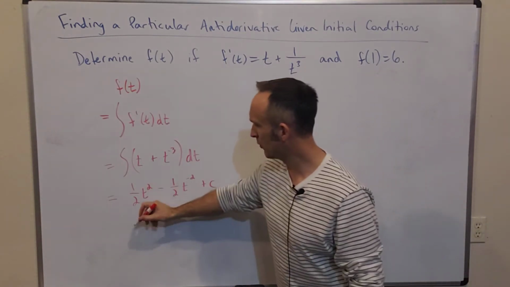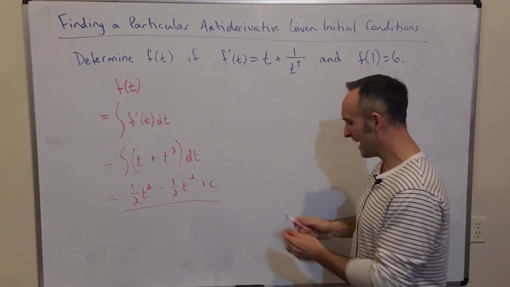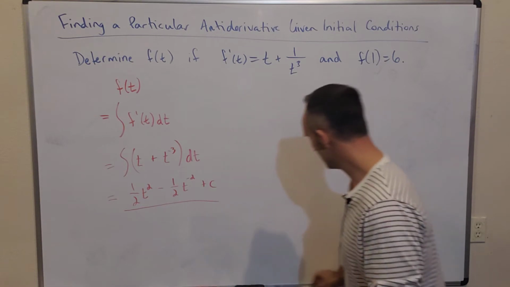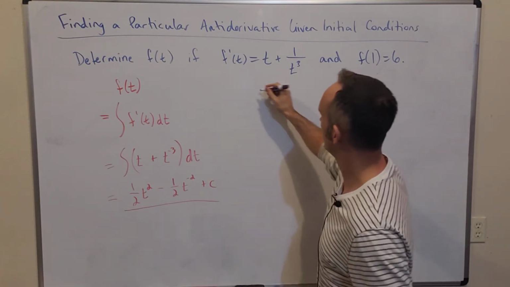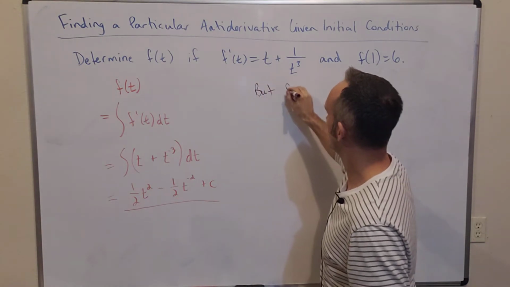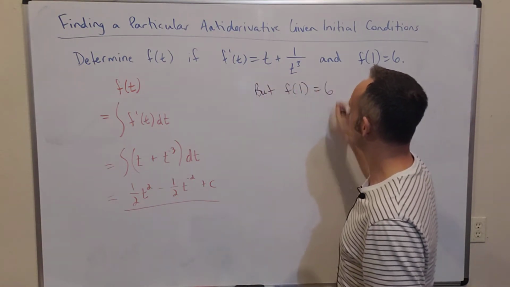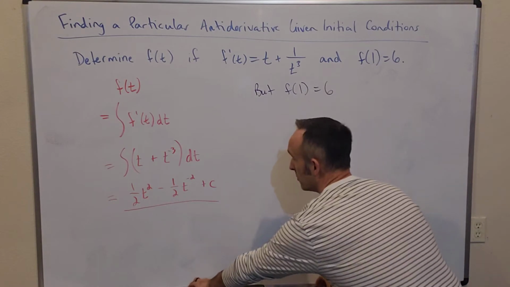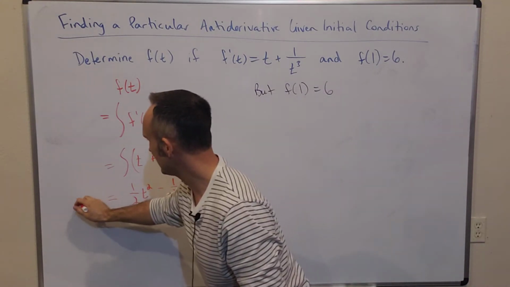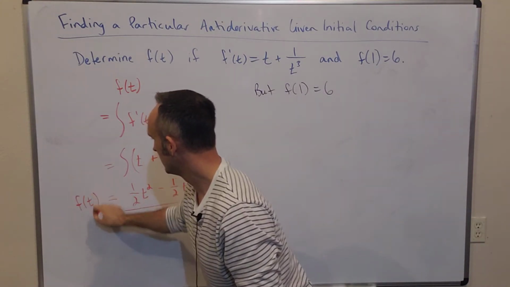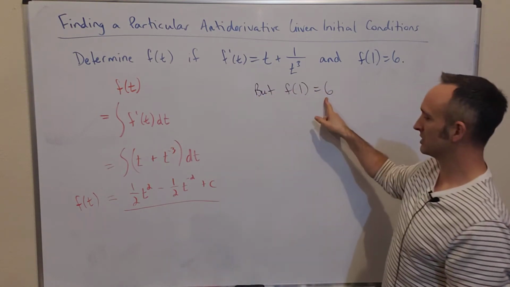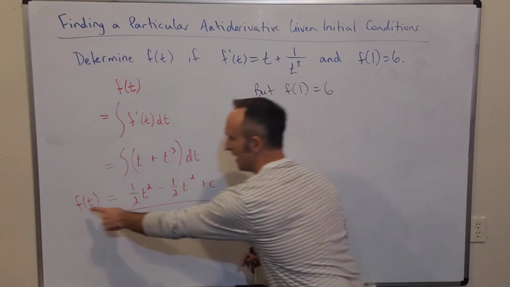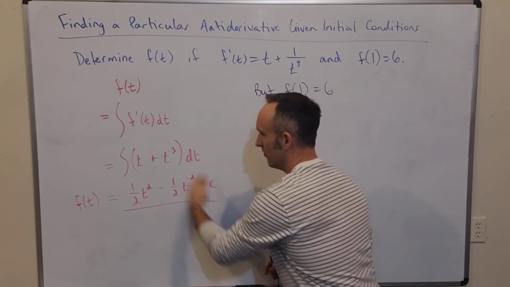So this is what we get for f of t. But now we have to implement our initial condition that f of 1 equals 6. So this, remember, is f of t. If f of 1 equals 6, then that means f of 1 is all of this.